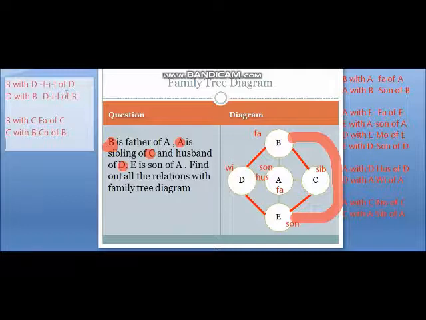Okay. Then if you are going to write C with E, so now C, now you do not know कि whether C is your uncle or aunt. So if in the question not determined given है, तो you will be writing not determined.